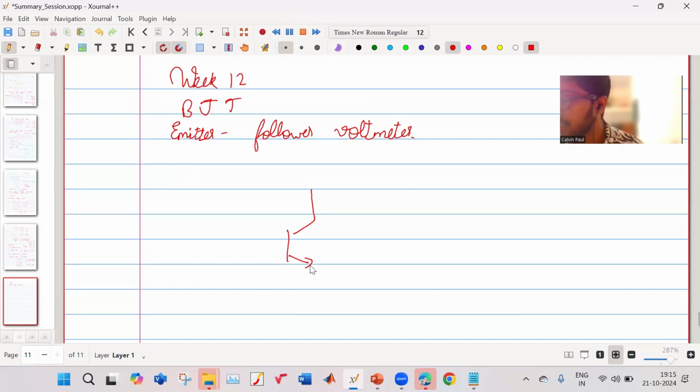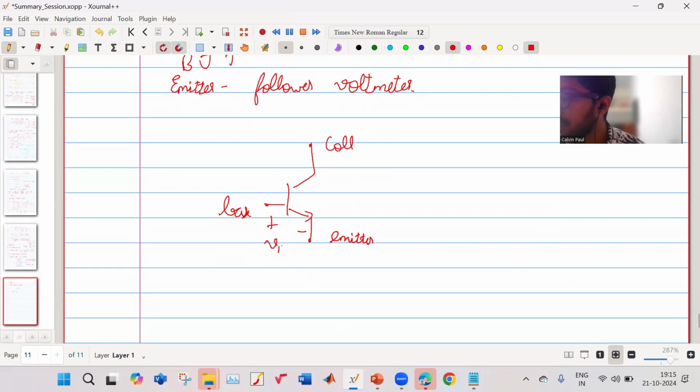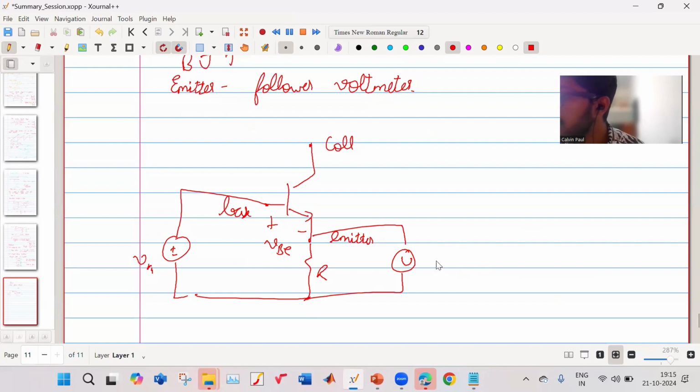In the BJT, this is your base, this is your collector, this is your emitter. There's a drop VBE. You apply some voltage Vin, and there's some resistor here, and if you measure the voltage over here, it will be Vin minus VBE.